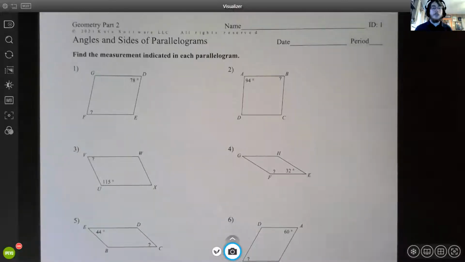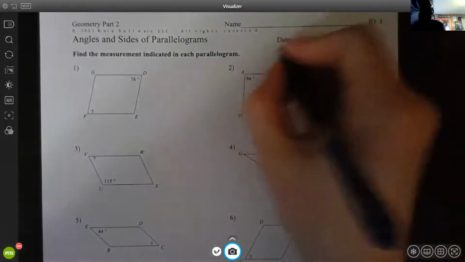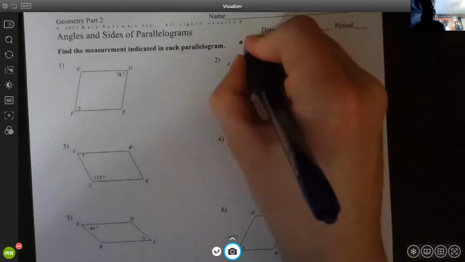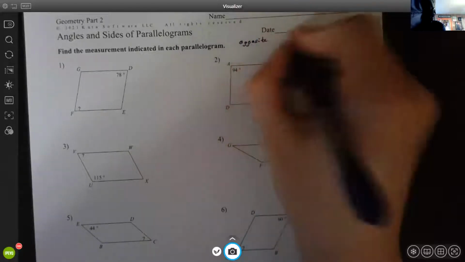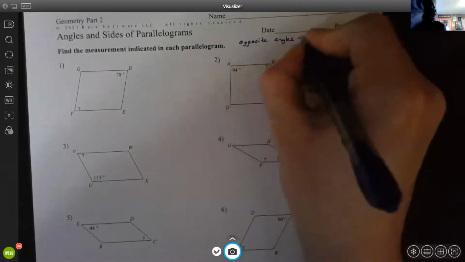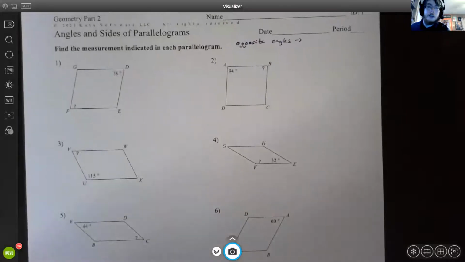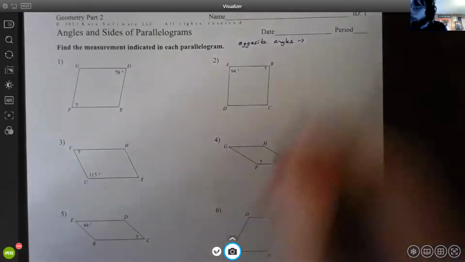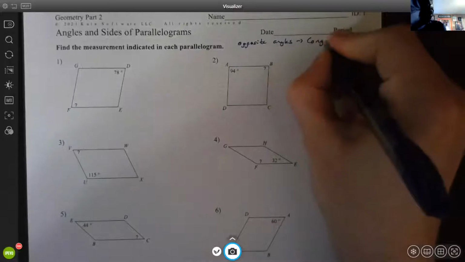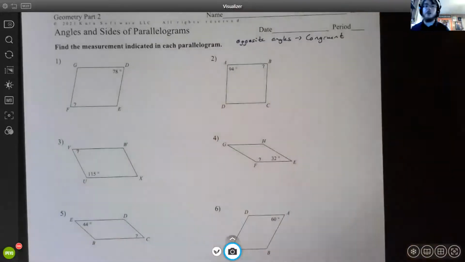Okay, if we're looking for angles in a parallelogram, there are two different types of angles that we'll be looking at. The first one is the opposite angles. And from our property sheet we just ended up talking about, remember your opposite angles will always be congruent, which means that your opposite angles will always have the same measure.